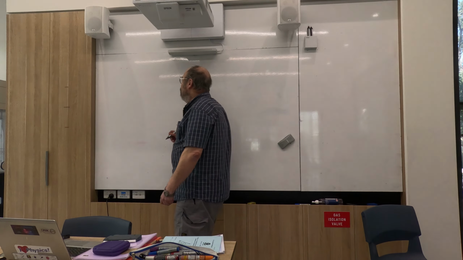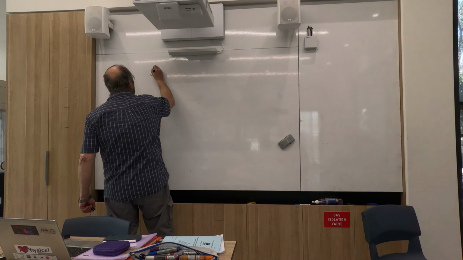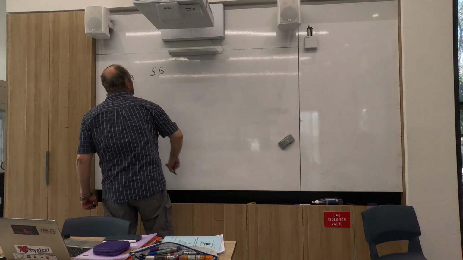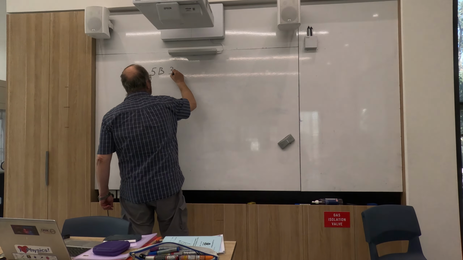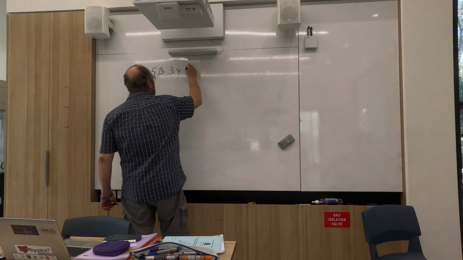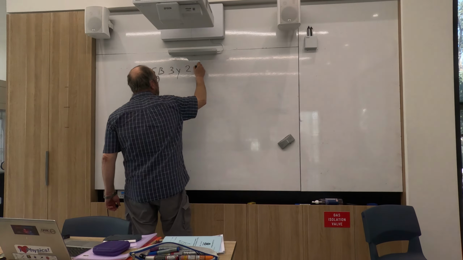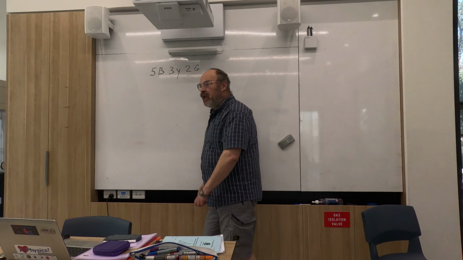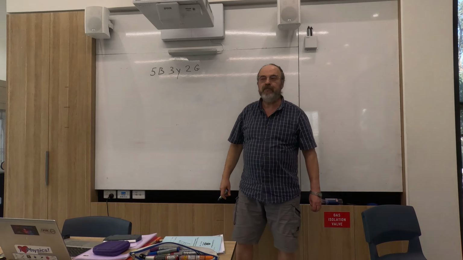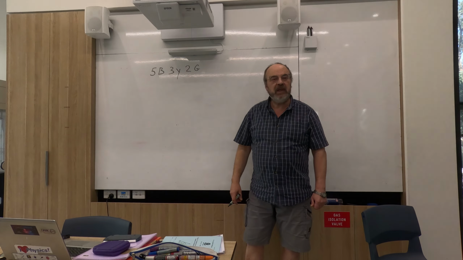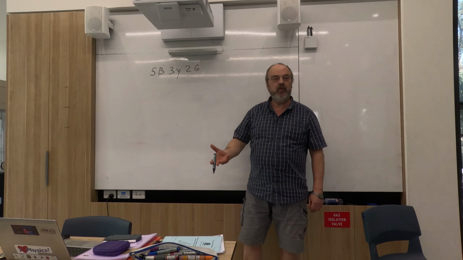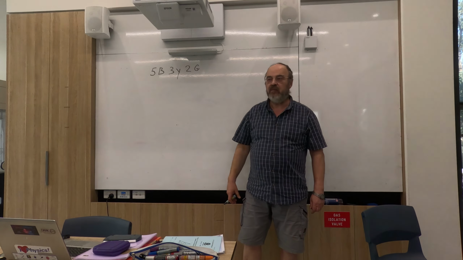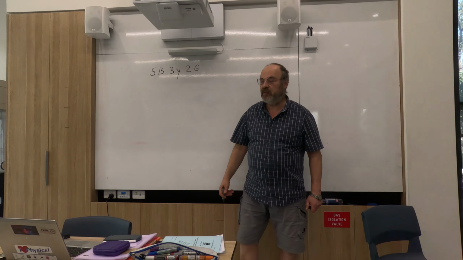Let's consider the situation. We have a box with 5 blue marbles, 3 yellow and 2 green marbles. We take 2 marbles, and we don't put the first one back, so we're doing it without replacement.